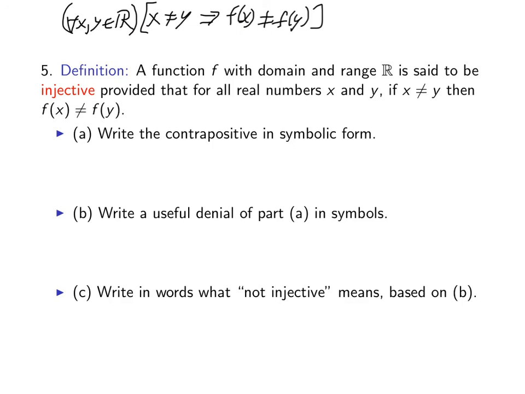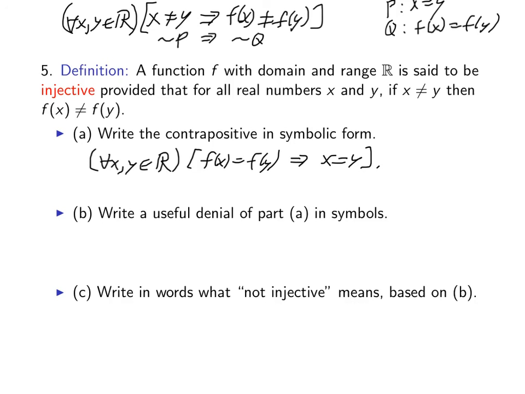So if you label the statements, P is the statement x equals y, and Q is the statement f of x equals f of y, then what you have here is not P implies not Q. So the contrapositive of that would just be simply Q implies P. Or if f of x is f of y, then x equals y. Which was how injectivity was explained to me in the first place.